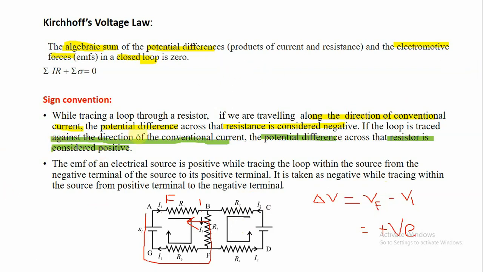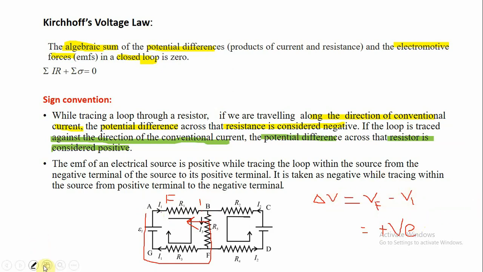Against the direction of conventional current, the potential difference across that resistor is considered positive. So these two things you have to remember very carefully. In the direction of current, potential difference across resistor is negative. Against the direction of current, potential difference across that resistor is positive. Why is it so? I have explained here.